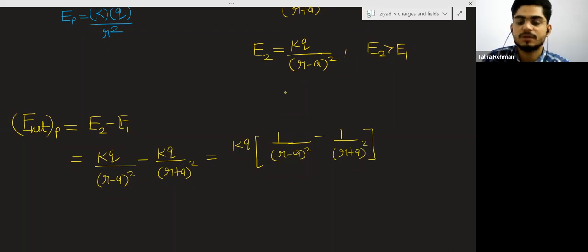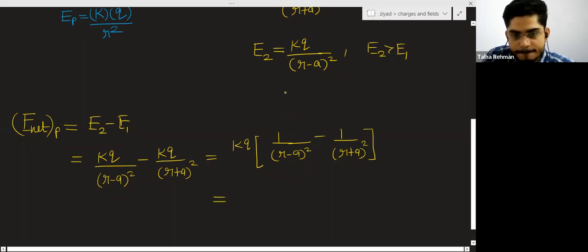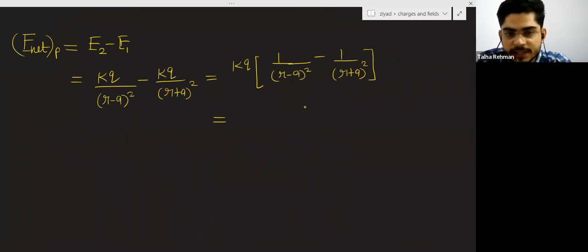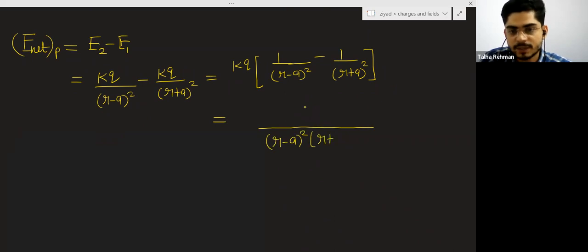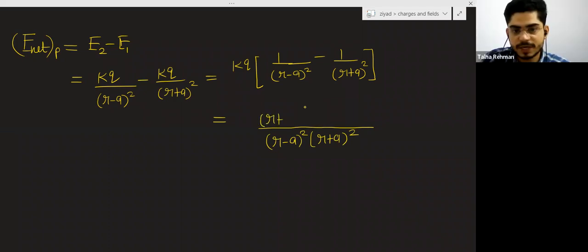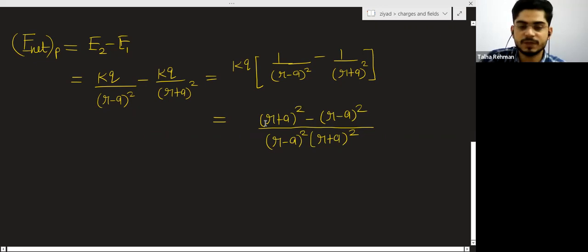Now, Ziyad, this is just calculation and you can also solve this by yourself, but I am just telling. This is R minus A square, this is R plus A square. So if you take the LCM, it will become R minus A square multiplied by R plus A square. And after that, we will write here R plus A square minus R minus A square. Now we can further calculate this.